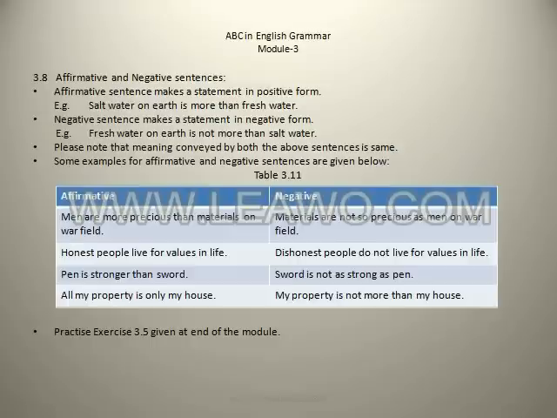Example: fresh water on earth is not more than salt water. Please note that meaning conveyed by both the above sentences is same. Some examples for affirmative and negative sentences are given below. Practice exercise 3.5 given at the end of the module.